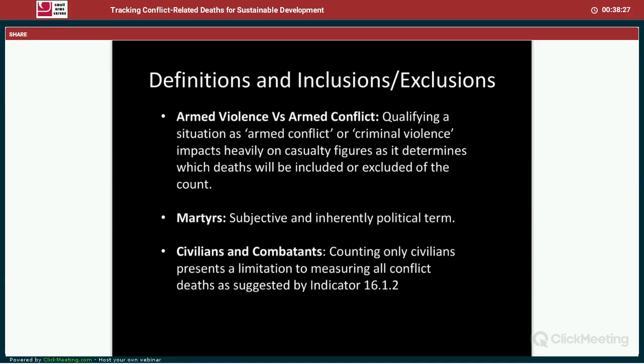It's often an emotional term, and when you're thinking about recording casualties, it's not really defined, so it's difficult to integrate it with other casualty counts.